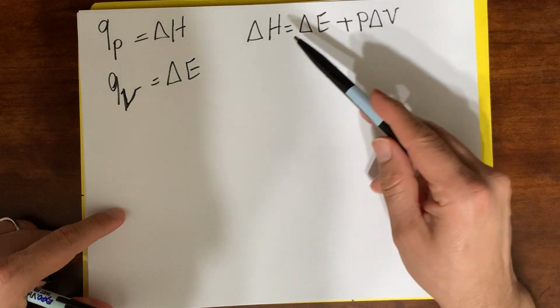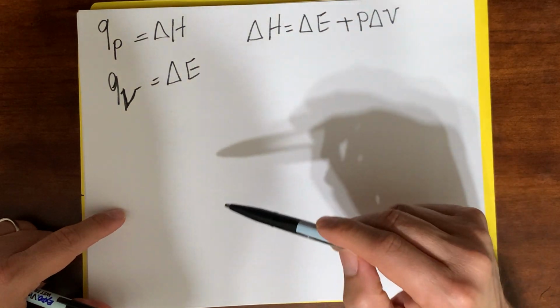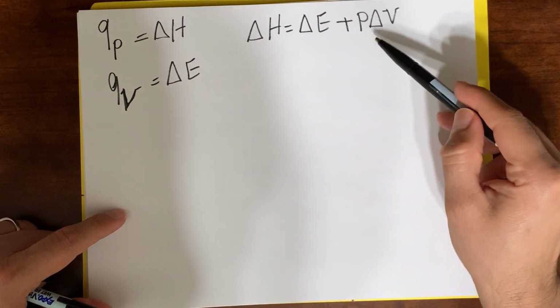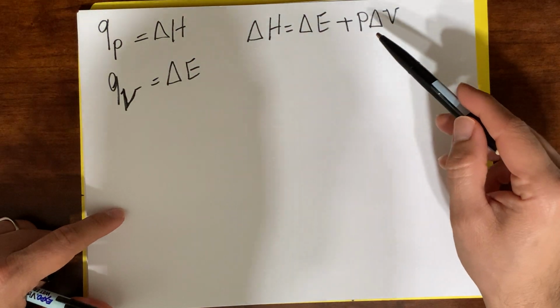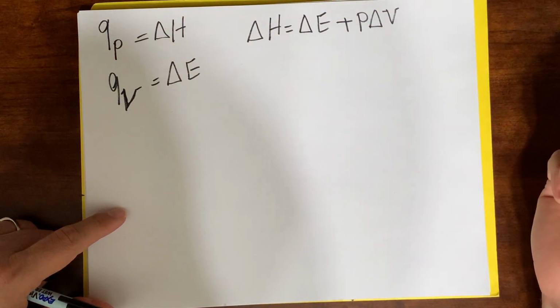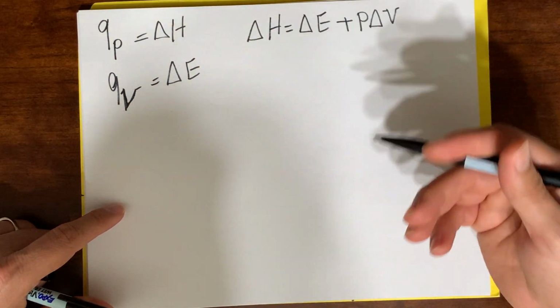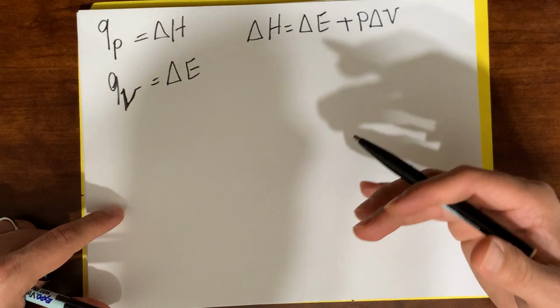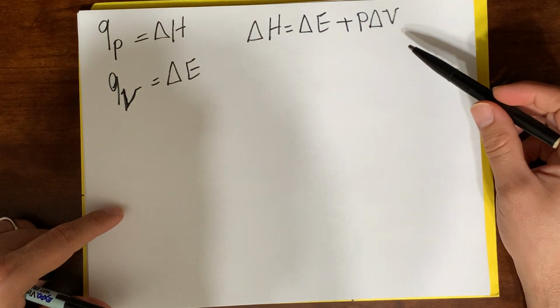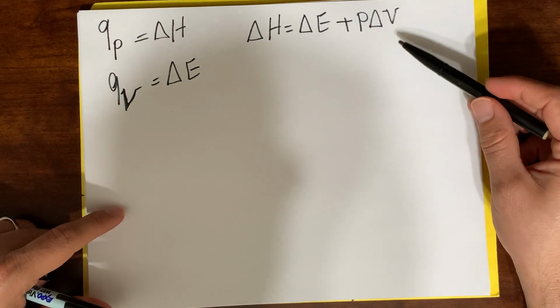Otherwise, delta H is not going to be equal to delta E, because sometimes when we spend heat or we get heat, that heat can be taken by the gas molecules, and their volume can go up and down.